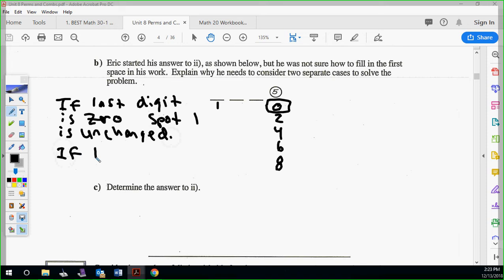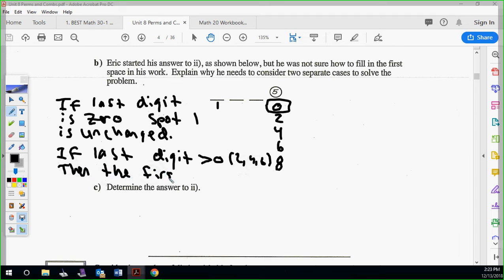If the last digit's bigger than 0, so like 2, 4, 6, etc., then the first spot is 1 less. So essentially we have to think about the patterns separately, in like an or. This or that.